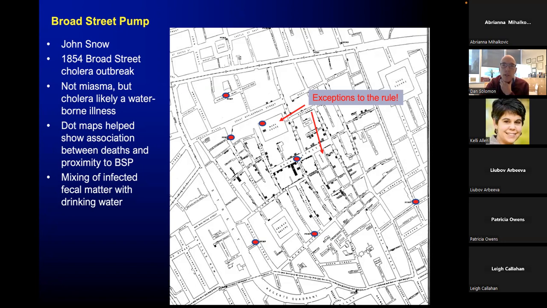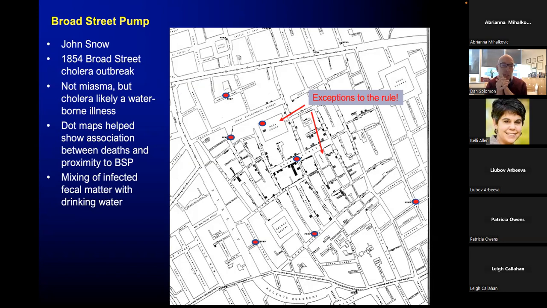This is in London. And what I'm showing you in the figure is in black the cases of cholera mortality that he was able to collect. And in red dots, these are the pumps. And there was a whole debate going on whether cholera was waterborne, like we know it is, or whether it was from bad humors, miasma.